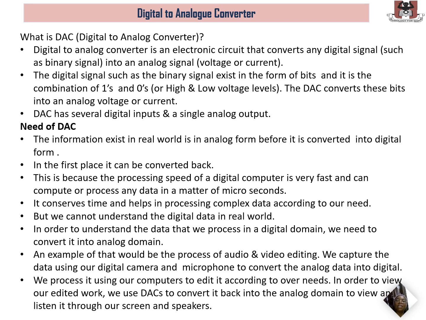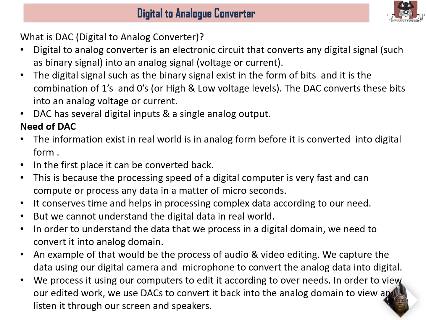That conserves time and helps in processing complex data according to our needs. But we cannot understand digital data in the real world. So for us to understand the data, we have to process it in the digital domain, and we need to convert it into the analog domain to be able to use it.